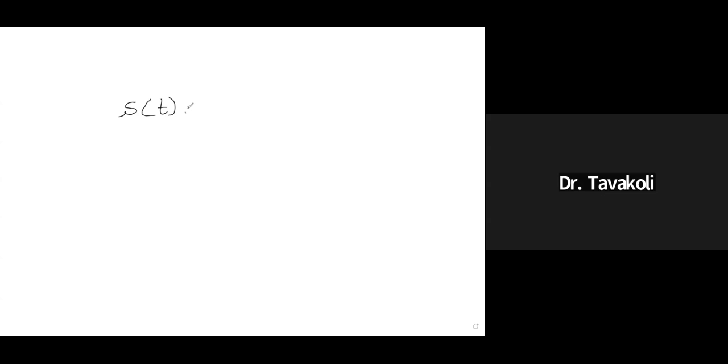So s of t is the position function at time t. For instance, s of 5, assuming that time is in terms of seconds, means: after 5 seconds, where is the position of a particle on a straight line?